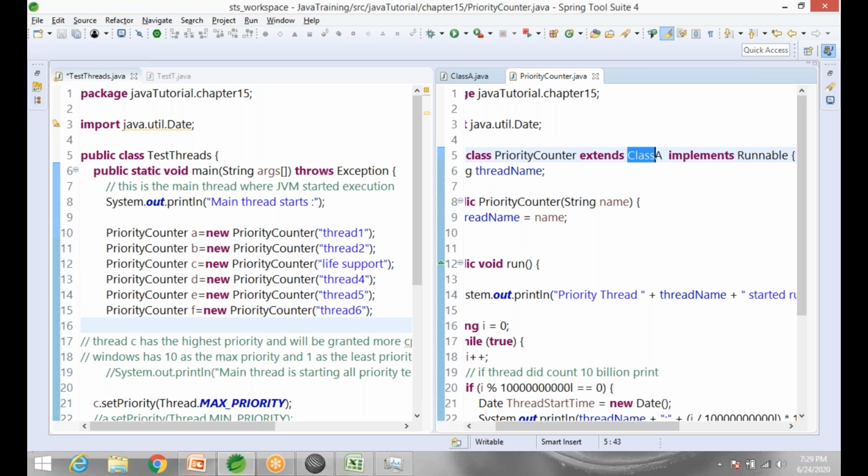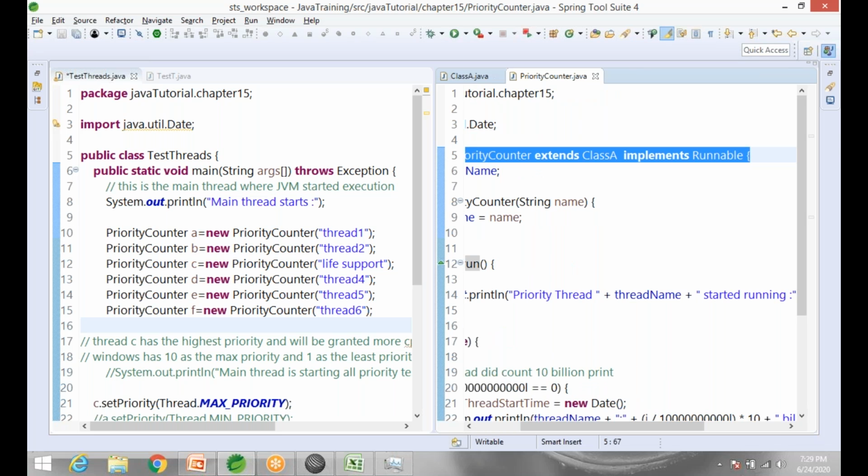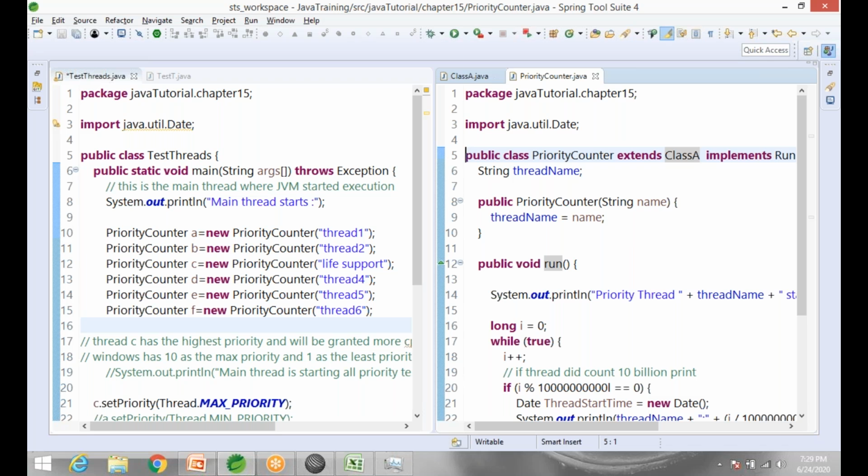So when you do this, implements Runnable, this also becomes a thread program now. So you can extend the thread class or you can implement Runnable. There are two ways to do that. You can either extend the thread class or you can say implements Runnable. Both are fine.